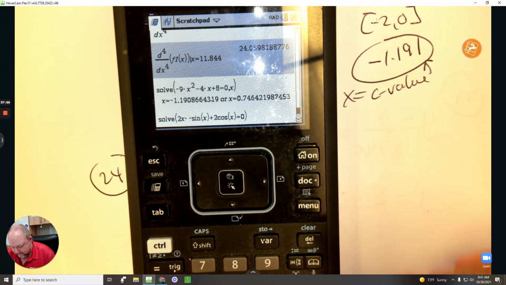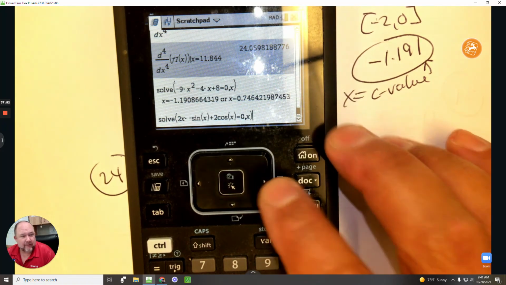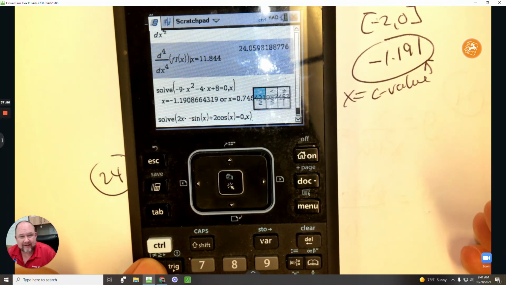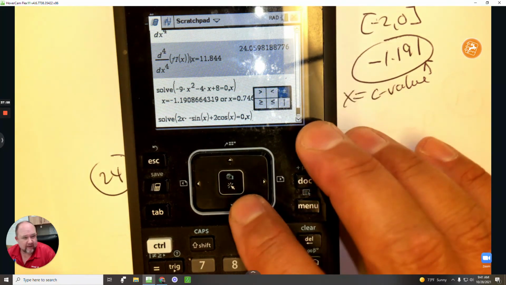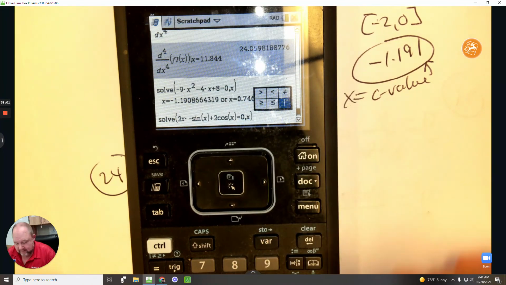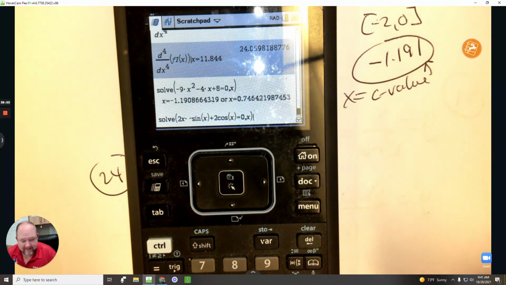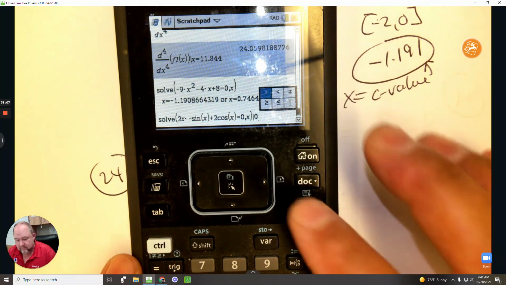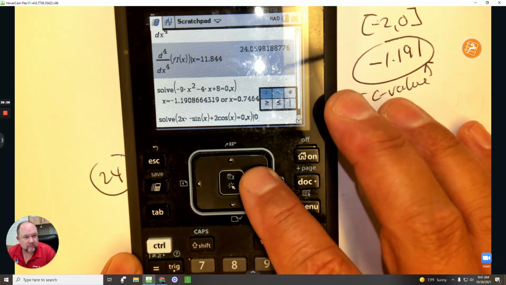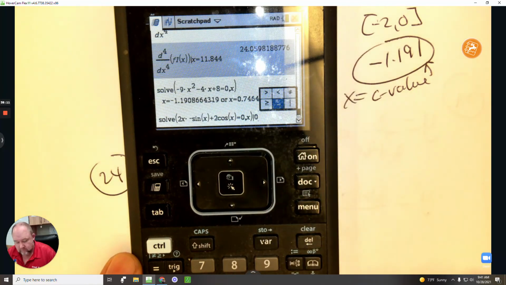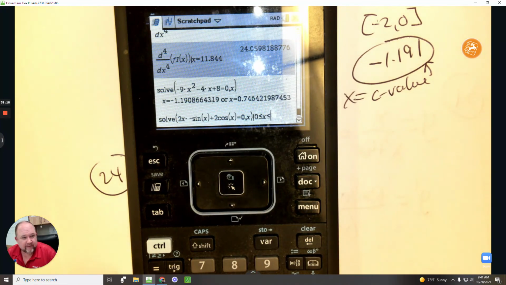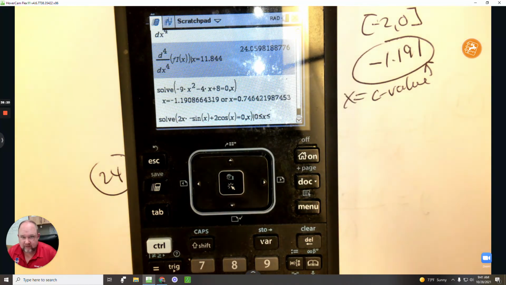comma x. Now I'm going to put a domain restriction down, so I hope this works. I'm going to go control equals, and I'm going to put a line here, and then I'm going to put the restriction down, which is 0 to pi over 2. See, a trig equation is cyclical.